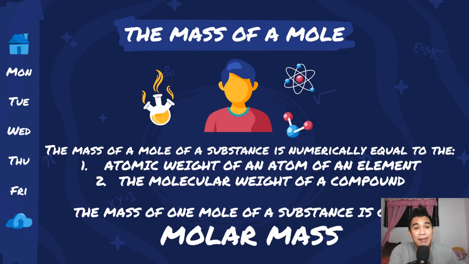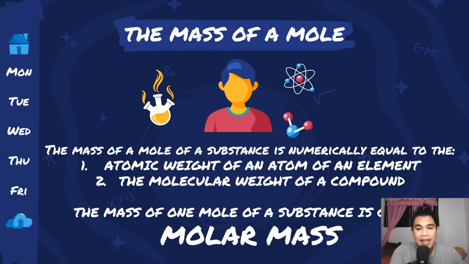So this time, let's talk about the mass of a mole. The mass of a mole of a substance is numerically equal to, first, the atomic weight of an atom of an element, and second, the molecular weight of a compound. The mass of one mole of a substance is called molar mass.